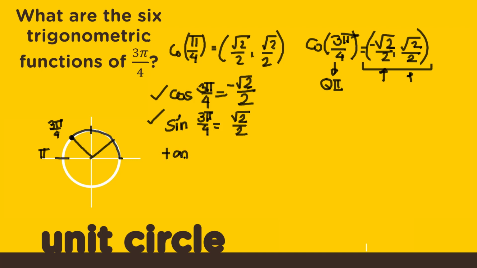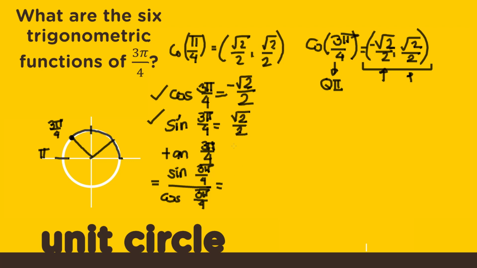It's the tangent of 3 pi over 4. Take note that tangent is the ratio of sine of 3 pi fourths and cosine of 3 pi fourths. So you're just going to take the ratio. Tangent is sine over cosine.